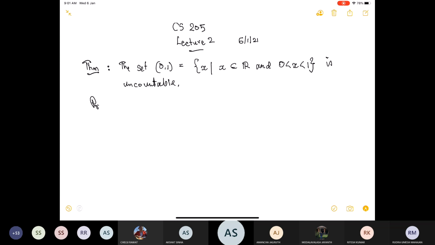And as I said, this was proved by Cantor in the mid 19th century.